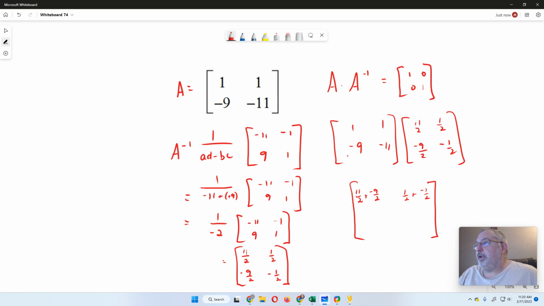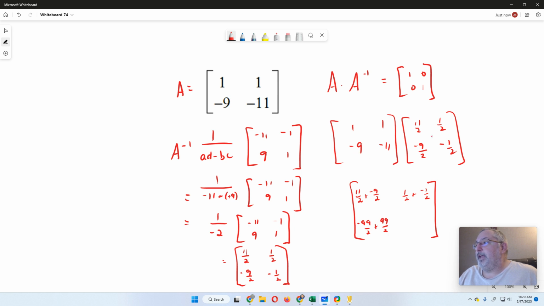Second row, first column, we got negative 9 times 11 over 2 is negative 99 over 2. Plus negative 11 times negative 9 over 2 is positive 99 over 2.